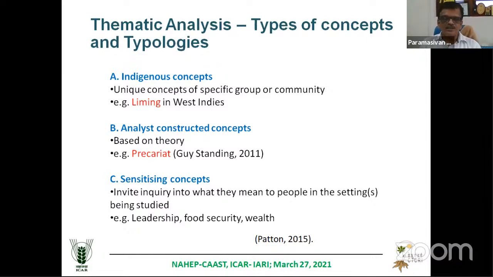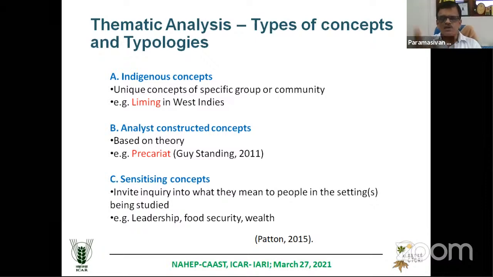Food security may be different from the policymaker's perspective as well as the beneficiary's perspective. Wealth, what you are getting out of that, also has a different perspective. Leadership: leadership theories will tell us something, but the leadership in the village is only informal leadership, so we use social network analysis to identify it. These are different kinds of sensitizing concepts. We'll have multiple perceptions there.